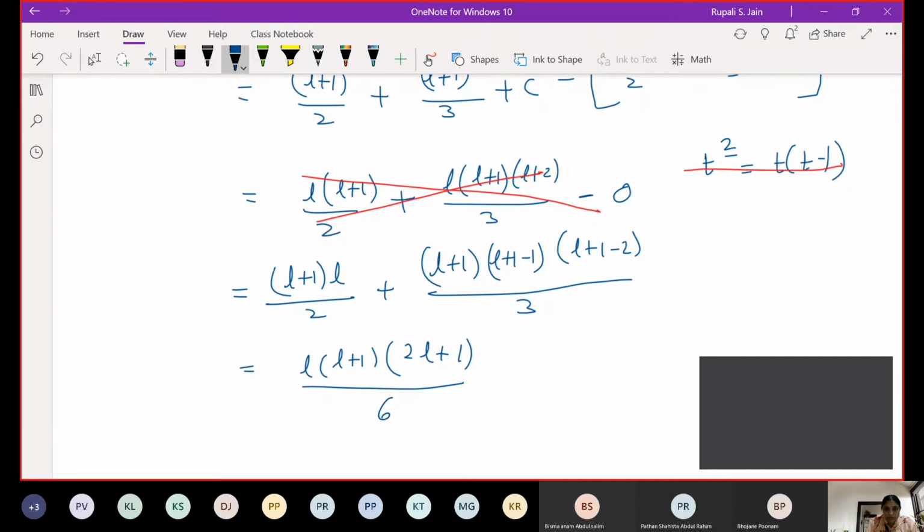It is L into (L plus 1), and this is L minus 1. L into (L plus 1) you can take common, 3 times and 2 times, then divided by 6 with the LCM, and 2 times L plus 1 you will get. Is that okay?